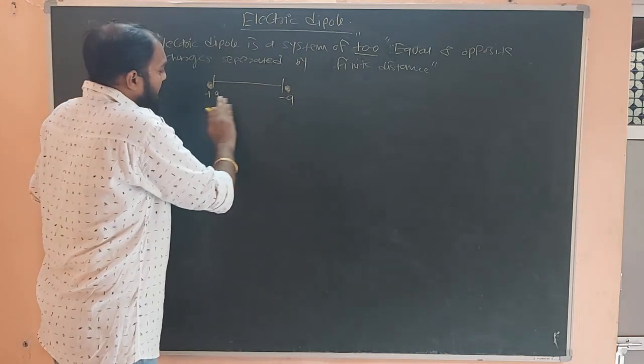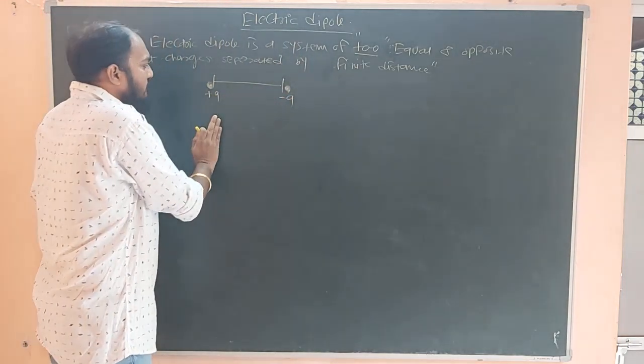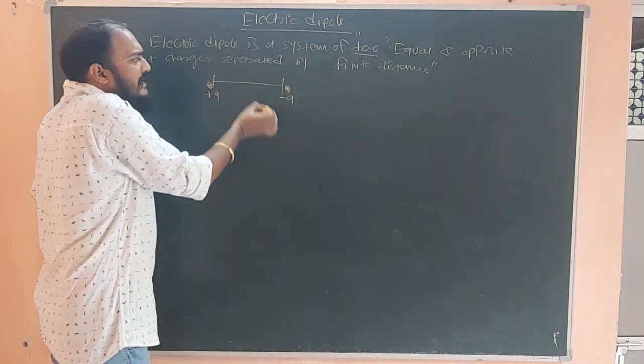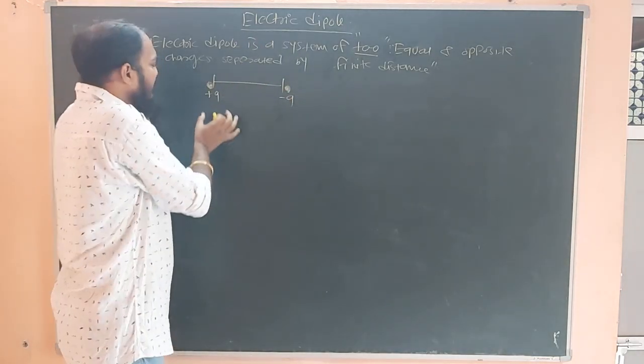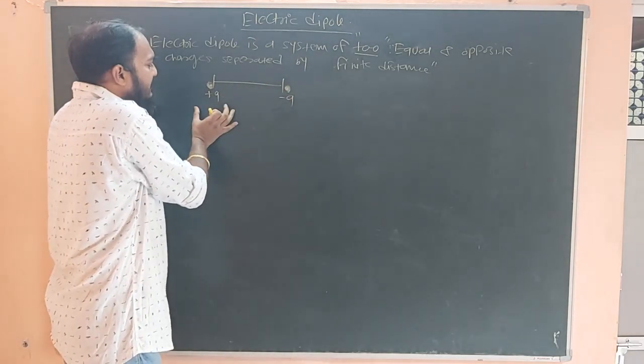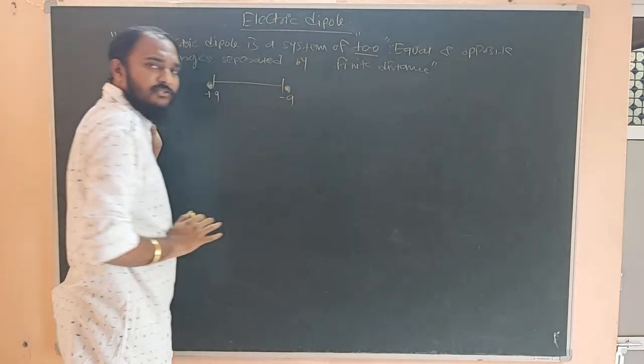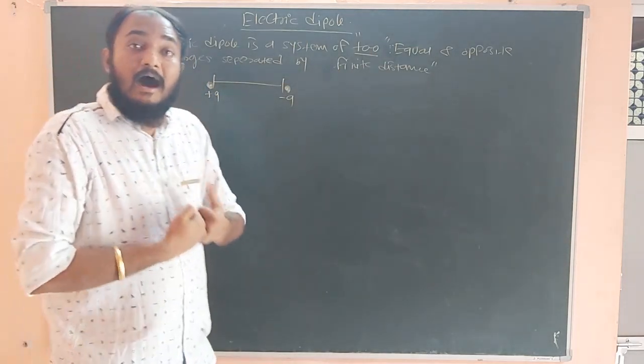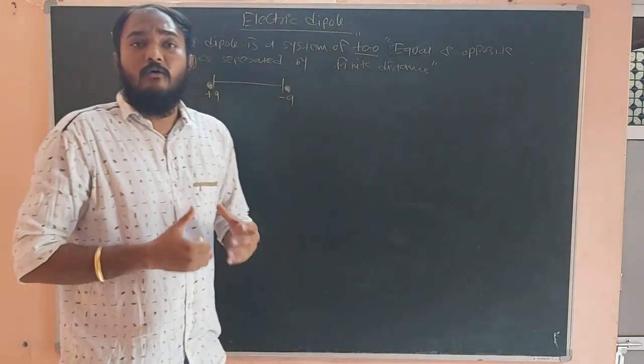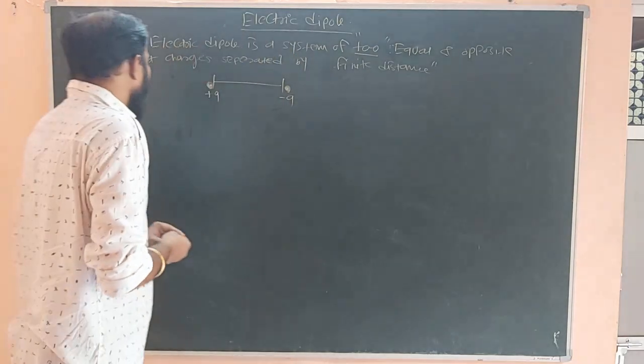Now we have taken a basic concept of electric dipole. As plus q and minus q charges are there, both are equal and opposite in nature. But how can you take out its magnitude, its value?